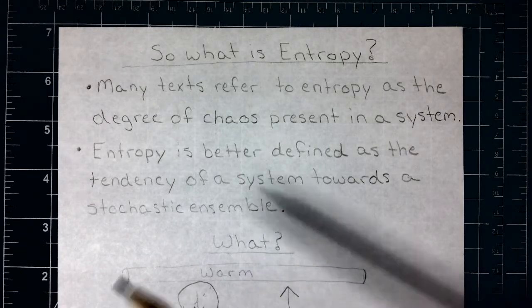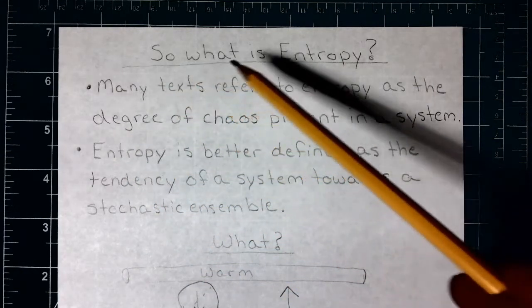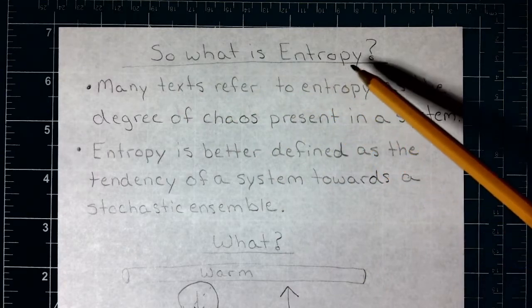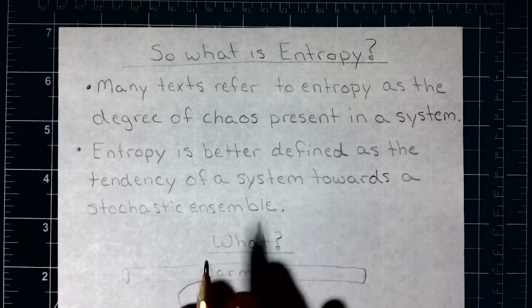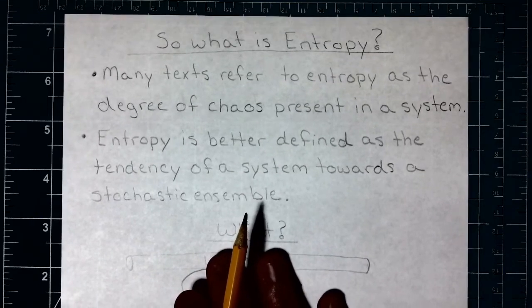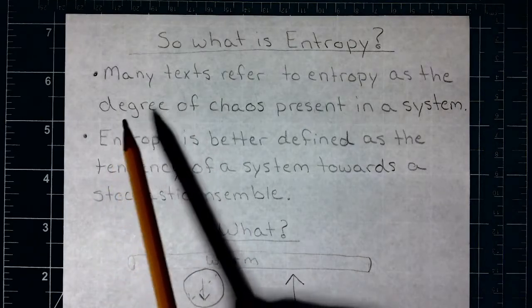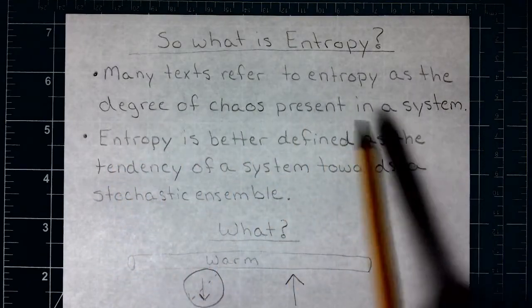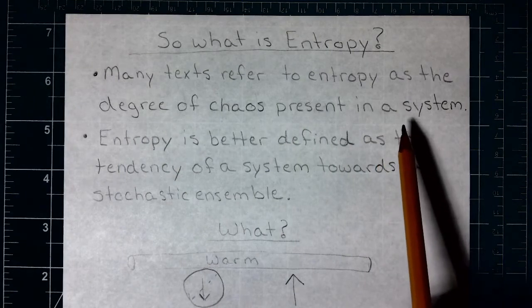So now let's talk a little bit about entropy. And the first question is, so what is entropy? It's really a pretty confusing topic that isn't really described well in texts at this level. So many texts refer to entropy as a degree of chaos present within a system.